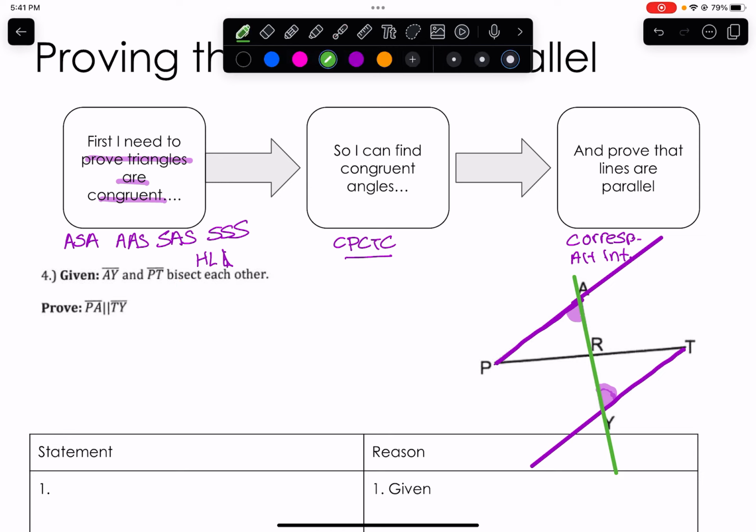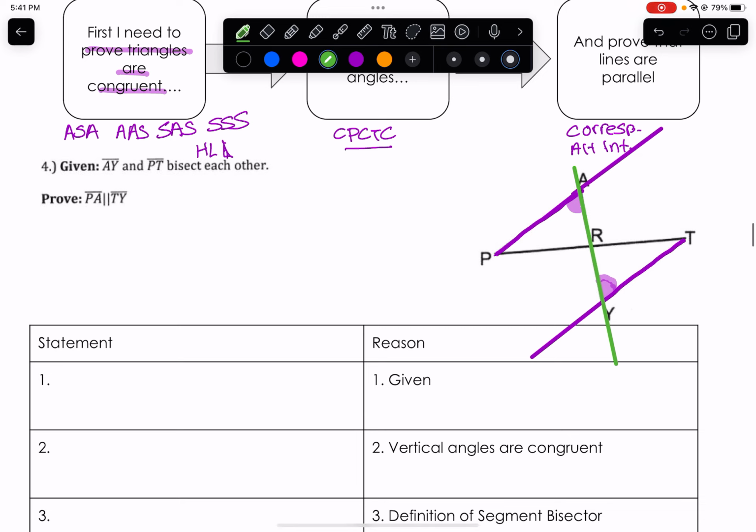So we need to prove that triangle PAR and TYR are congruent. Well, if I highlight my triangles, there's no overlapping colors, so I'm not going to use the reflexive postulate, but it is a bow tie, so I know that I have vertical angles. So I have a pair of angles here, just from the shape.